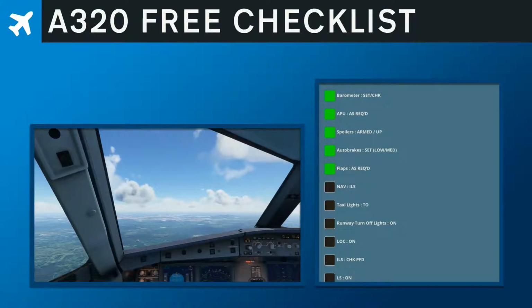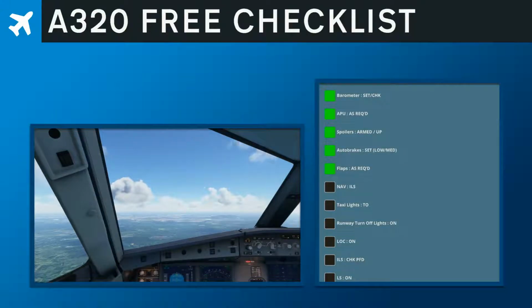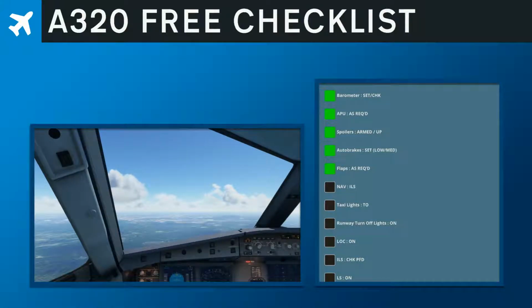BA 7055 Bravo Alpha 7055 would like ILS runway 2 left approach vectors to final. BA 7055 Bravo Alpha 7055, you are 35 miles northwest. Maintain present heading and altitude, expect vectors ILS runway 2 left approach, circle to land runway 20 right.